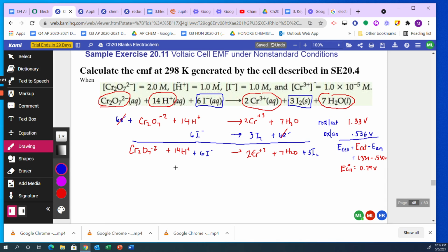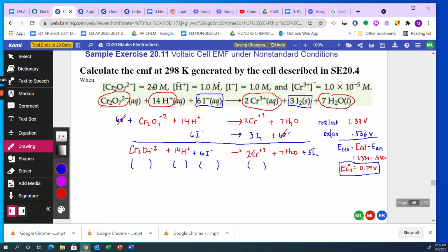Okay, so this is aqueous, so you're going to need the molarity for this one. This is also aqueous, molarity here, molarity here. This is a liquid, so you don't put that in the K equilibrium or Q. This is a solid, you don't need that either. So they should give you all these values. Now, if they're all 1 molar, your potential should be 0.79, but they changed the molarity.